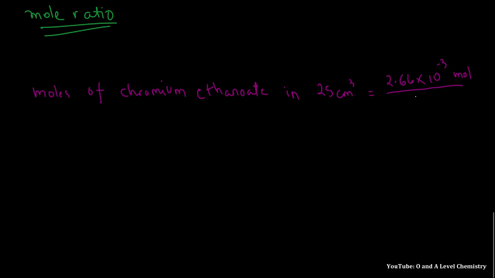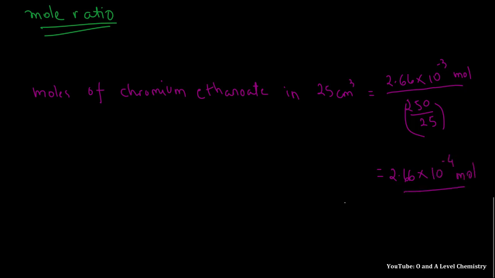So how do I know it's 10? Because it's 250 divided by 25. So that's 10. So it is 1/10. So this is going to be 2.66 times 10 to the power minus 4 moles.